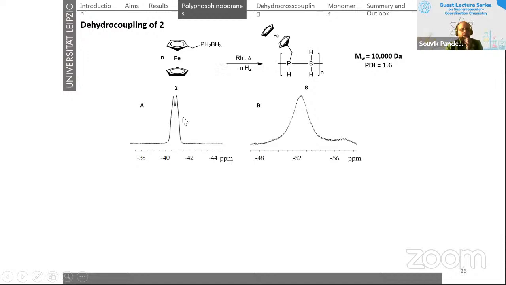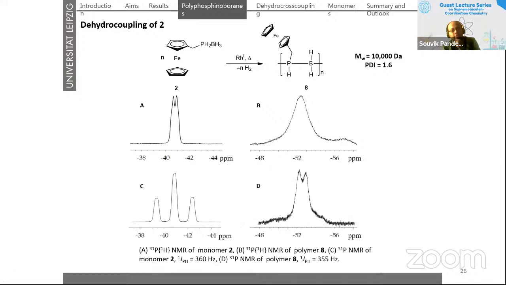There are actually 4 peaks here. One is here in the hump, 2, 3, and 4 are here, so I can only see these two. And when I polymerize it, you see it became broad, but it is coming almost in the same region. So this is the hint that you get a polymer out of phosphinoboranes.